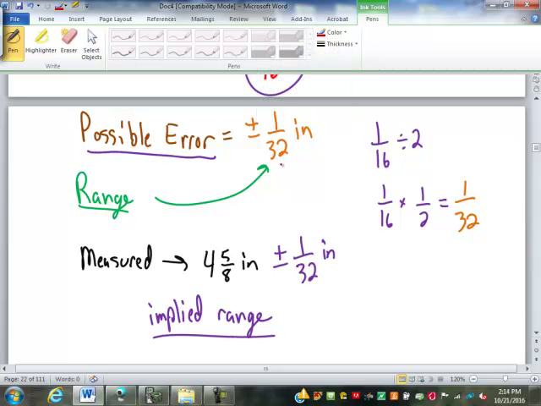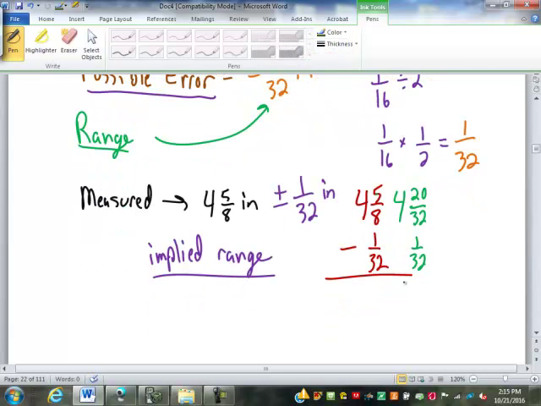So to find that implied range, we're going to start by taking 4 5/8 and subtracting 1/32 of an inch. To do that, we need to have a common denominator, which is going to be 32nds. 8 is multiplied by 4 to make 32, so 5 times 4 is 20. So we subtract here 20 32nds minus 1 32nd is 19 32nds.